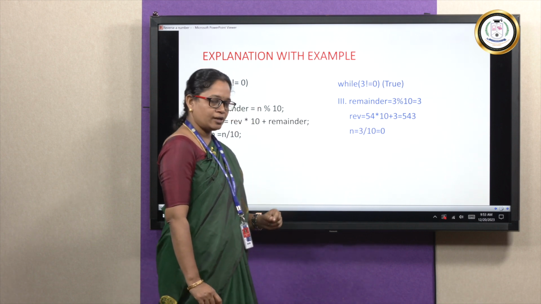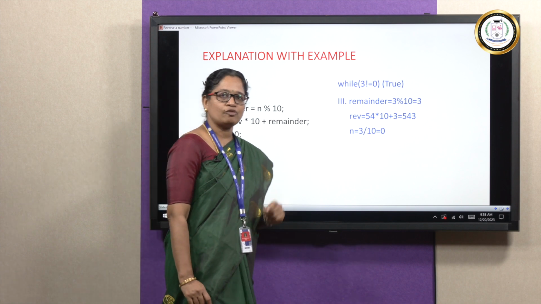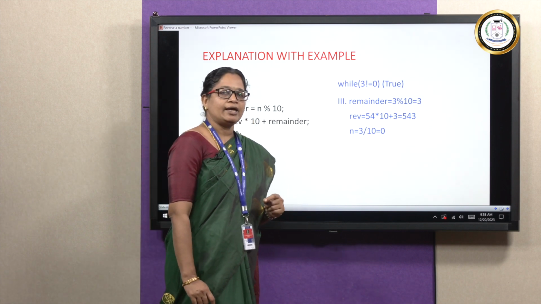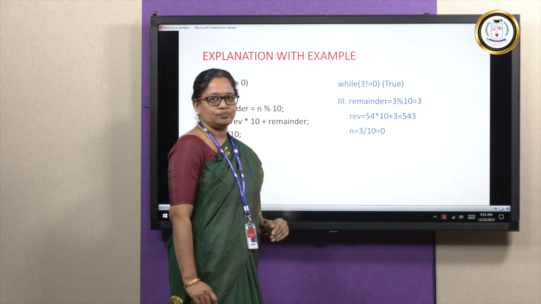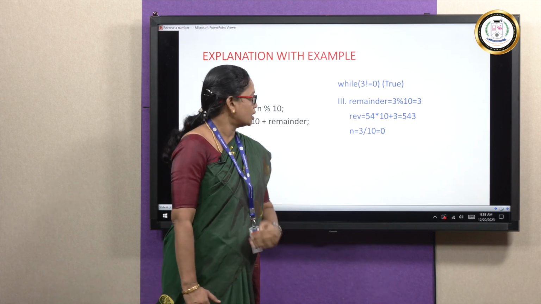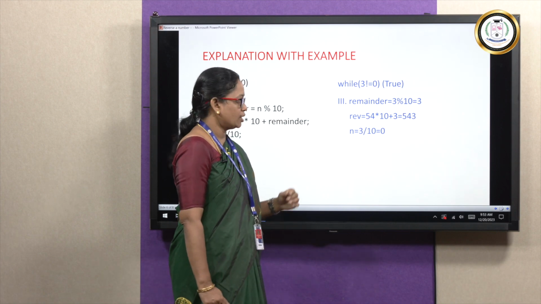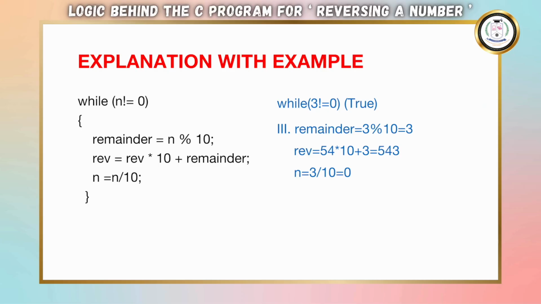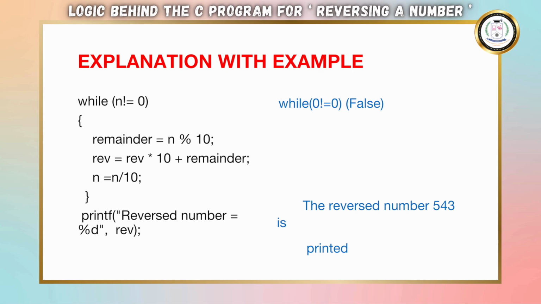Now calculate n. N is equal to updated value of n divided by 10. It will give the quotient 0. So now 3 iterations are completed. At the end of the third iteration, we have these values: remainder equal to 3, reverse equal to 543 and n equal to 0.